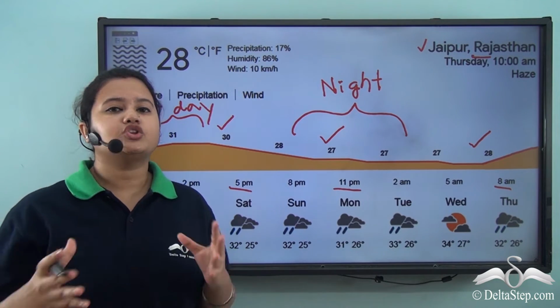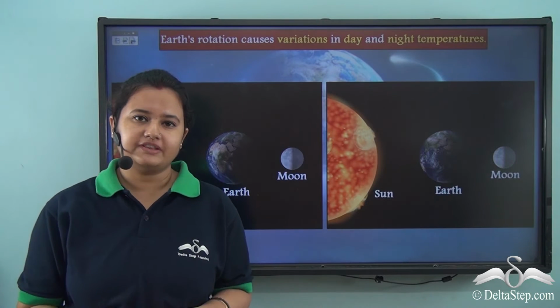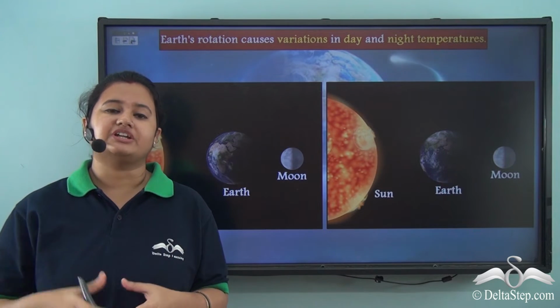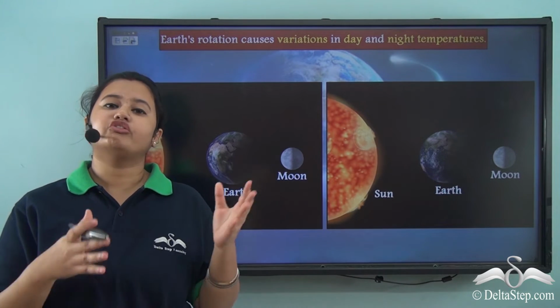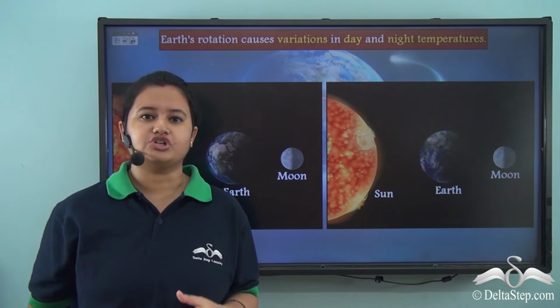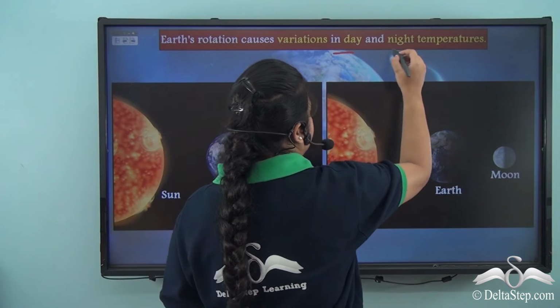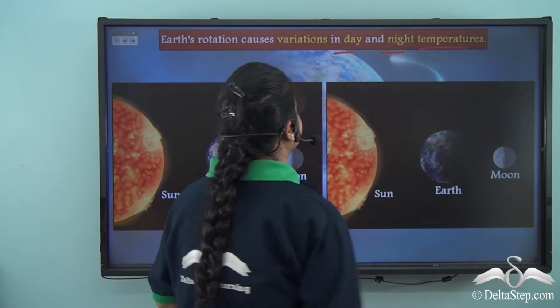Let's find out the logic behind this. I just mentioned that the Earth's rotation leads to formation of days and nights. Now apart from this, Earth's rotation also causes variation in day and night temperatures.